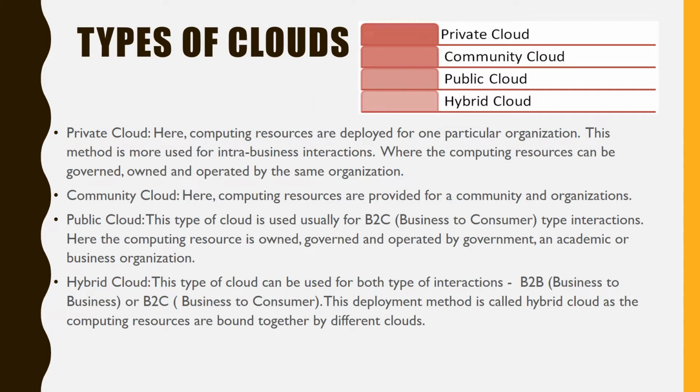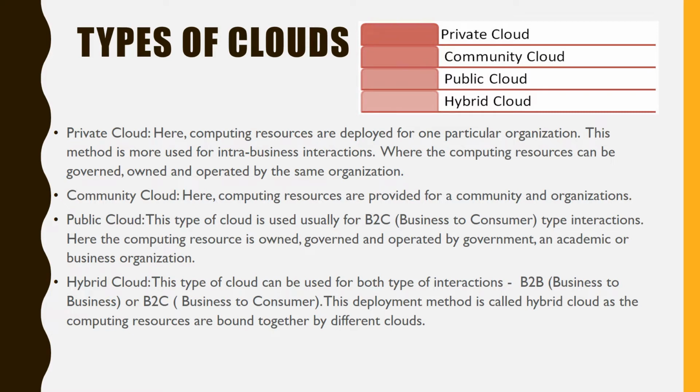Now there are many types of clouds: private cloud, community cloud, public cloud, and hybrid cloud. First of all, private clouds. The private cloud is a type of cloud that is dedicated to a particular organization.